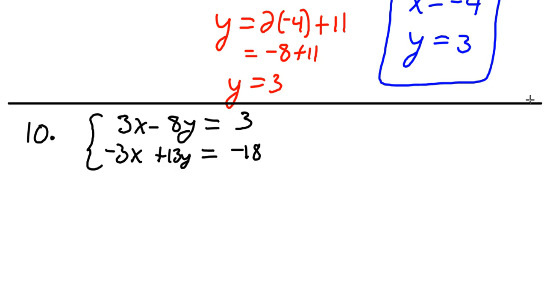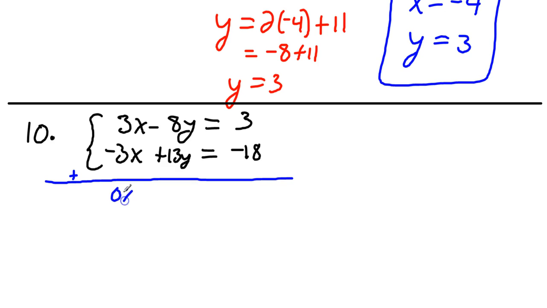And for this one, because it's already lined up and we don't have just an x equals or y equals, this is the one you want to do addition or elimination, whichever way they want to call it here. So you're looking for the same variable with the same numbers, just different by the plus or minus sign, and we have that right here with the x's. And since that's the case, then just go back and add those together.